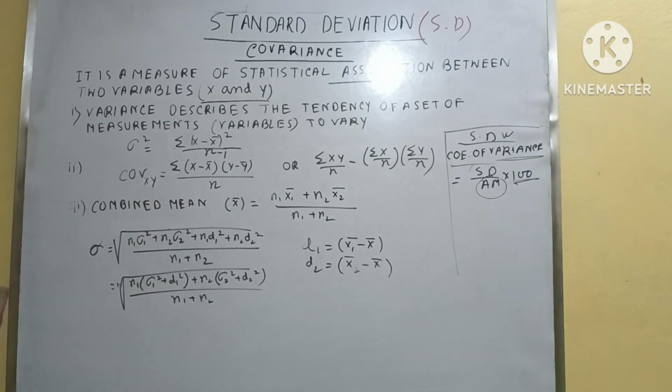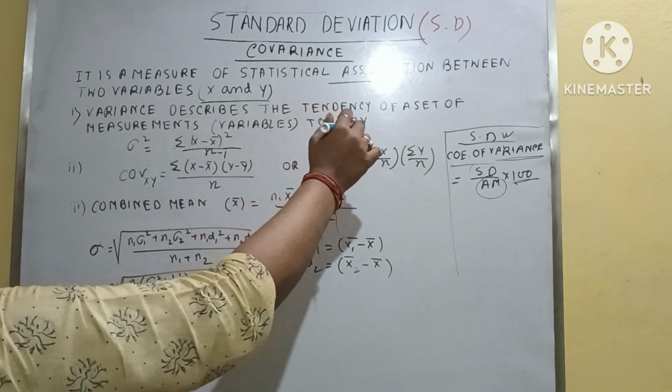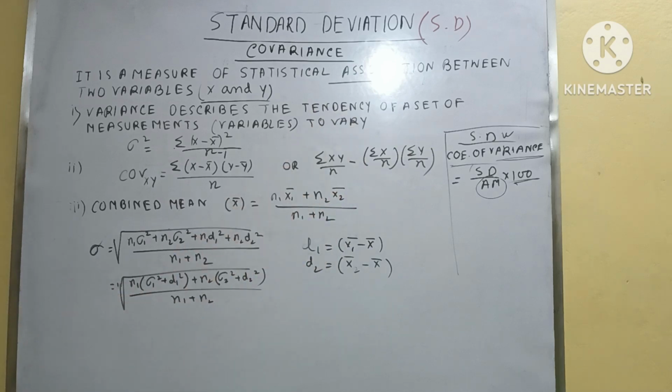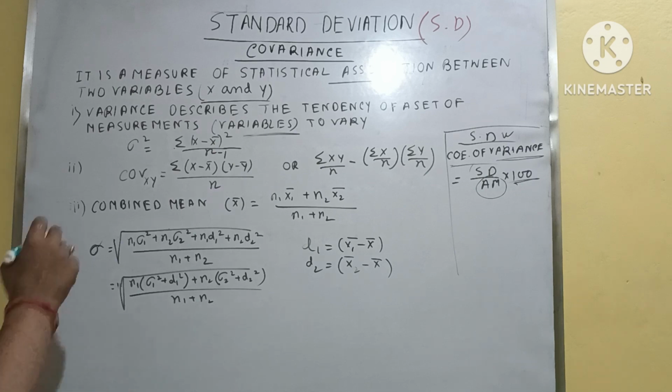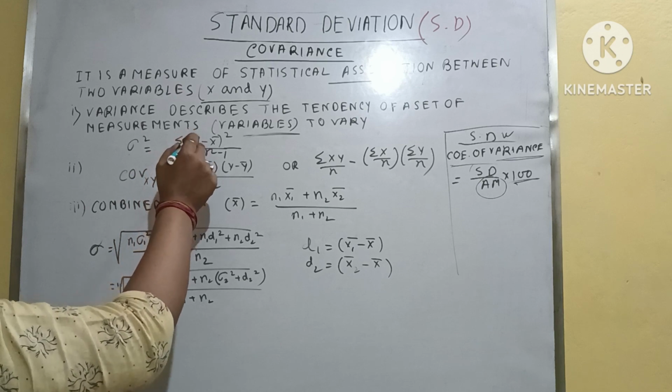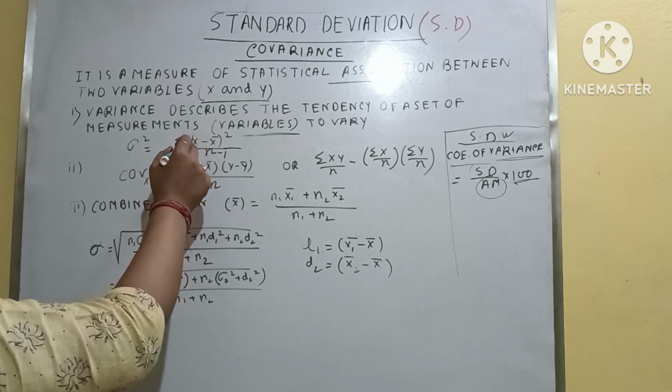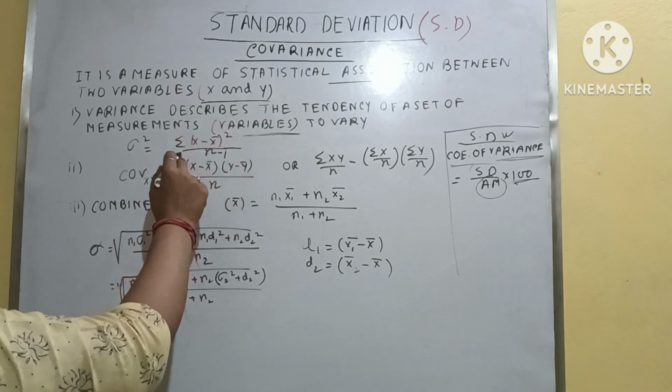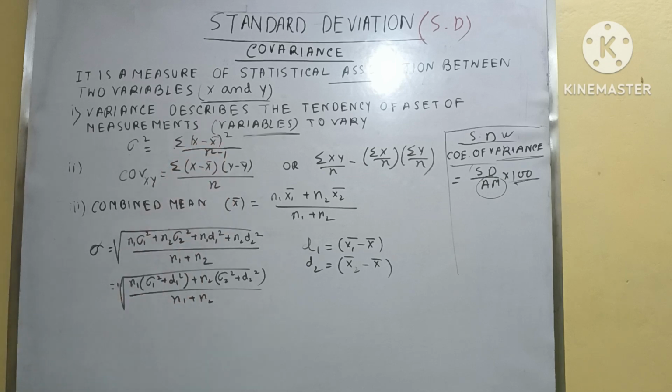So here the variance describes the tendency of a set of measurements, that means the variables that obviously vary, and the variance equals summation of x minus x bar whole square by n minus 1.